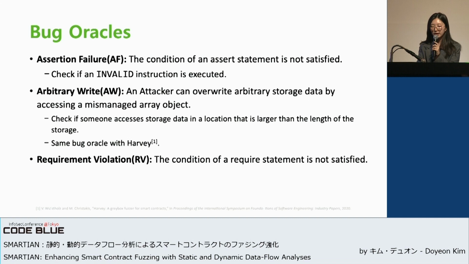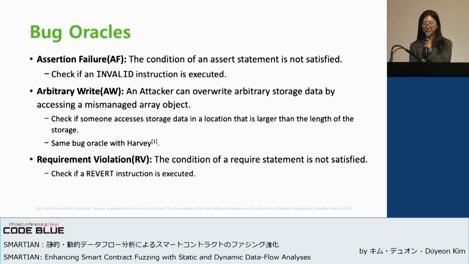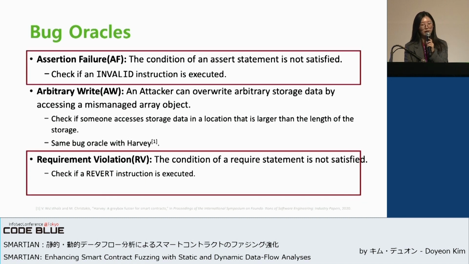The next one is requirement violation. It occurs when the condition of a require statement is not satisfied, and we check if a revert instruction is executed. But you might think it's weird, because assertion failure and requirement violation can occur frequently.